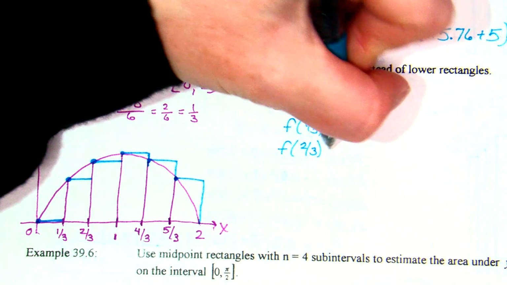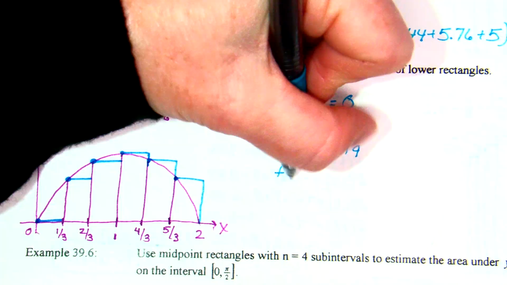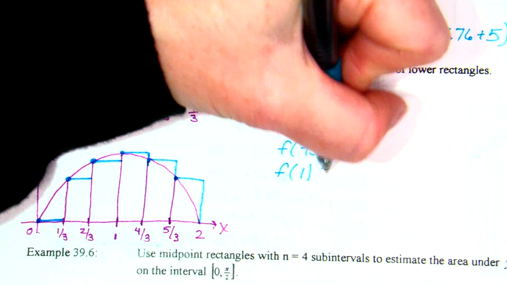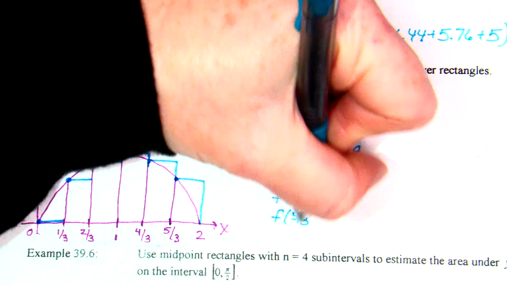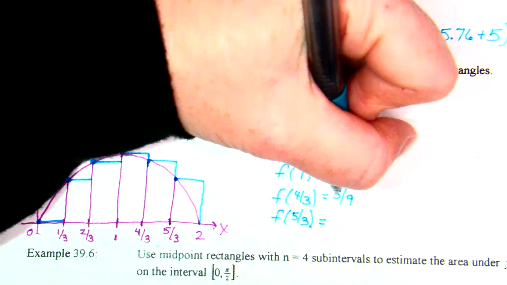F of 2/3 was 8/9. F of 1, you officially have to find this time, and it's 1. F of 4/3 was 5/9. F of 5/3, wait a minute. Yeah. F of 4/3, sorry, I reversed it, was 8/9. F of 5/3 is 5/9.